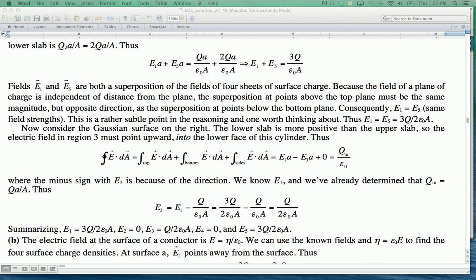All right, so Gauss's law tells us that the flux caused by any given amount of charge is equal to the density of the electric field times the area through which we're observing that electric field.